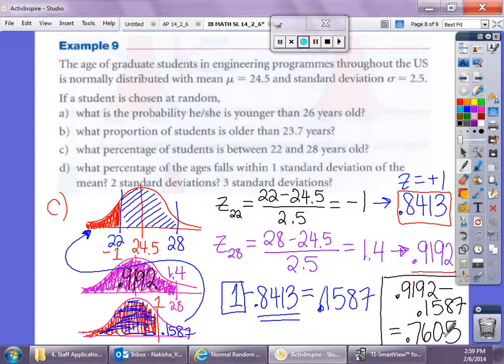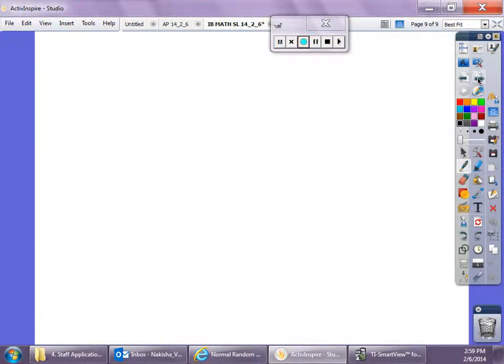So I know that this board is a little bit messy. It's messier than I would usually like, but I want to just make sure you understand that z-tables will only give you values where z is greater than or equal to 0. 0, you know the z-score is 0.